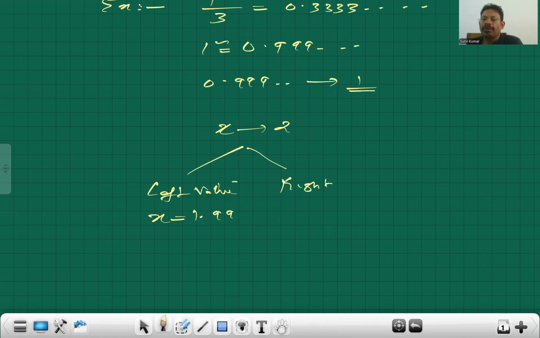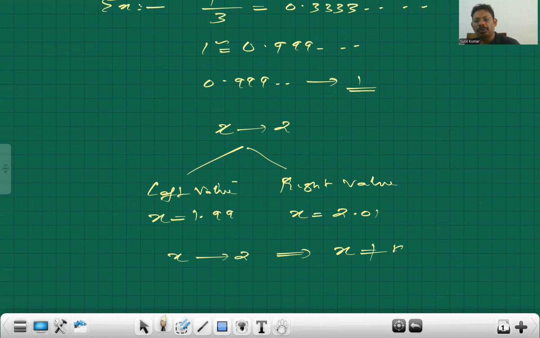The right value whenever x approaches 2 is 2.01. So one thing is very clear: whenever x is approaching 2, x may not take the value 2. This is what we should learn from this basic idea.